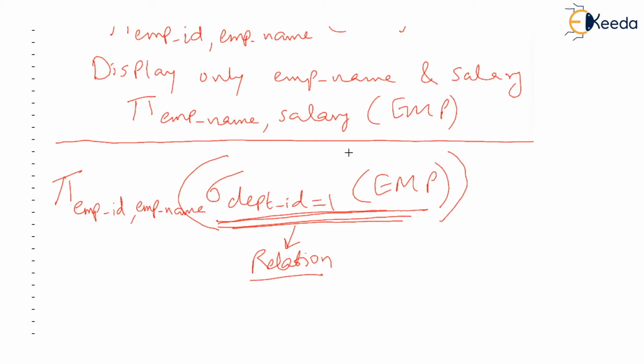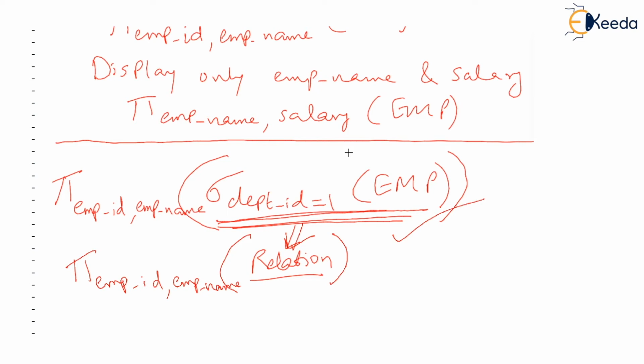So this relation, which contains only those employees whose department ID is 1, is given to the project operator. And the project operator will simply take out only two columns from this relation and display the answer.